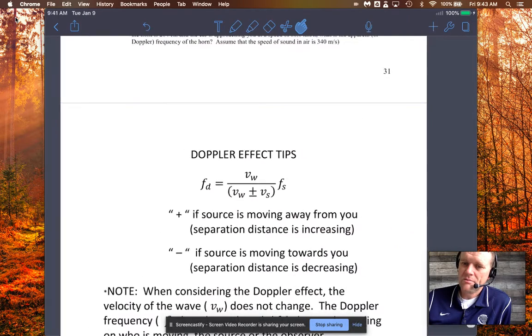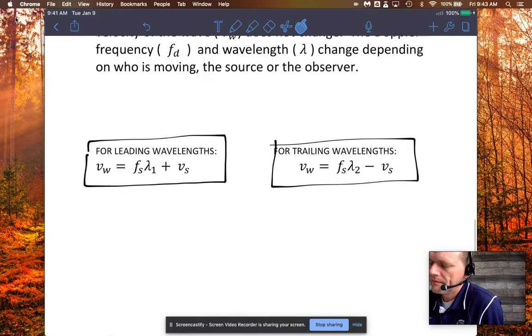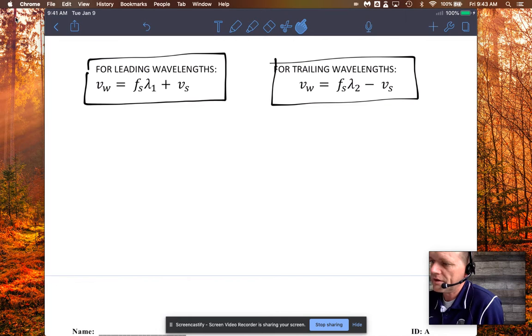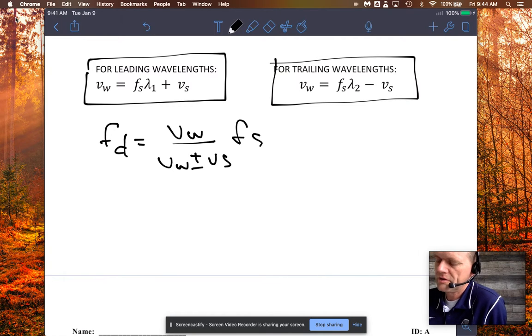But sometimes you are given a wavelength, like the leading wavelength or the trailing wavelength. How can we use those? Let me show you just briefly for one of these. Again, you can just use the formula, but I want you to see I didn't just make this up. So the Doppler frequency is equal to VW over VW plus or minus VS times the source frequency.